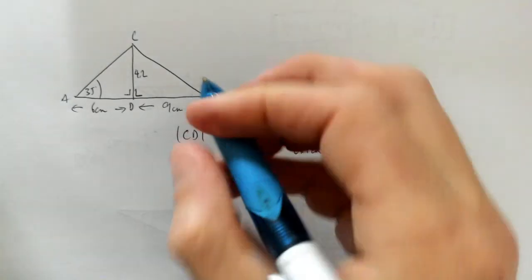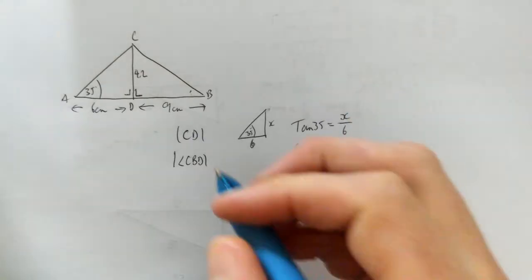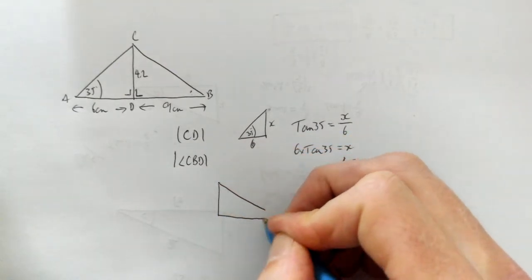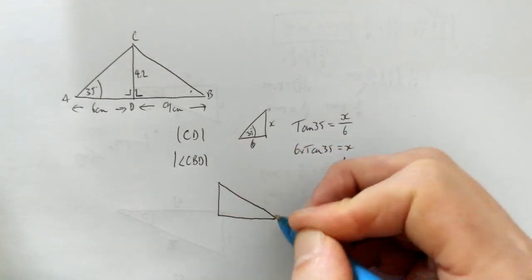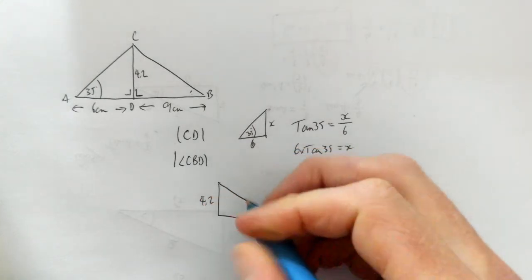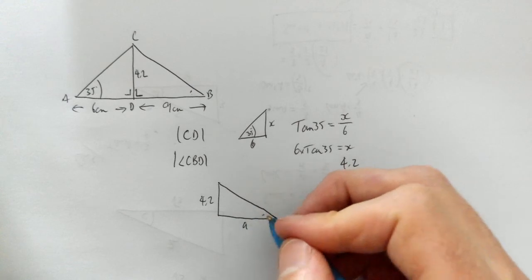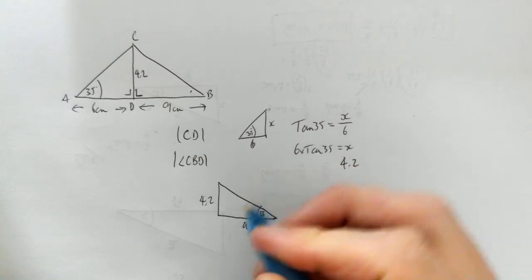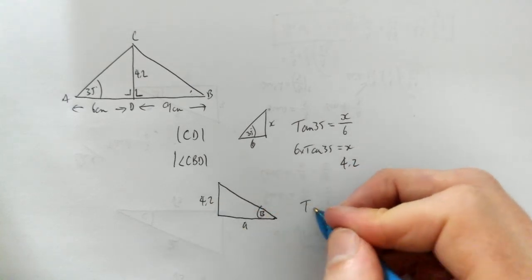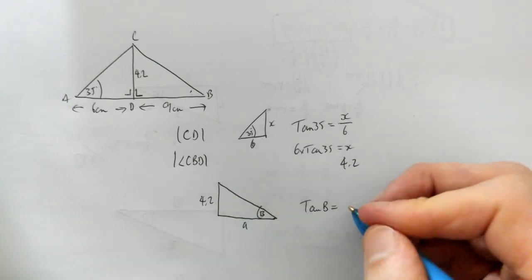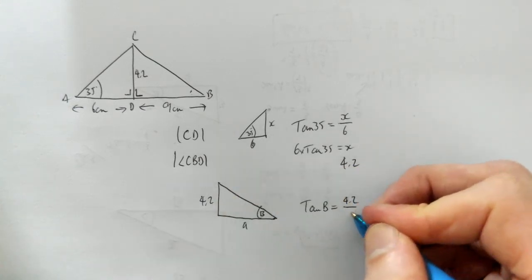So now we're looking for this angle. So I'm going to sketch this triangle. I know it's a bit of a pain sketching triangles separately, but it just avoids making mistakes, right? 4.2 and 9. Again, I want this angle, so let's call that B. Opposite and adjacent, so I can say tan B is equal to opposite, 4.2, all over 9.